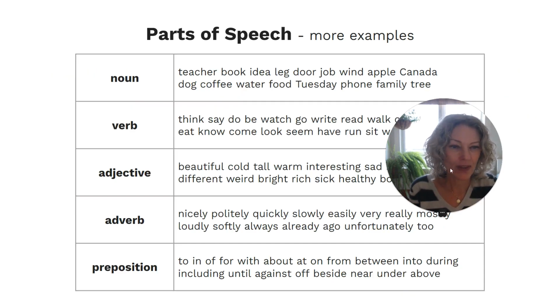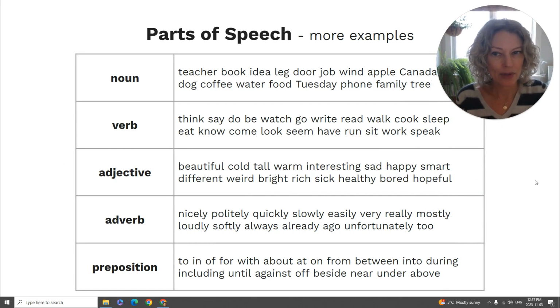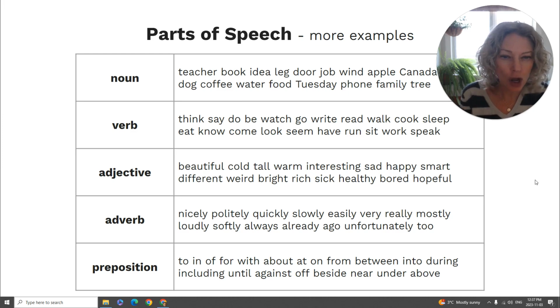Okay, so let's see if you can think of other examples of parts of speech. Nouns, remember, are people, places, or things. Some more examples of people, places, or things would be teacher, book, idea, leg, door, job, wind, apple, Canada, dog, coffee, water, food, Tuesday, phone, family, tree.